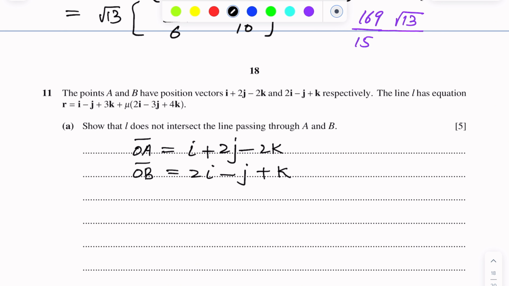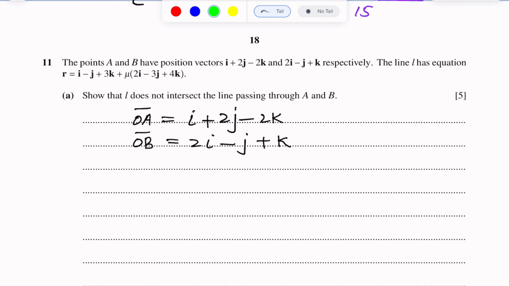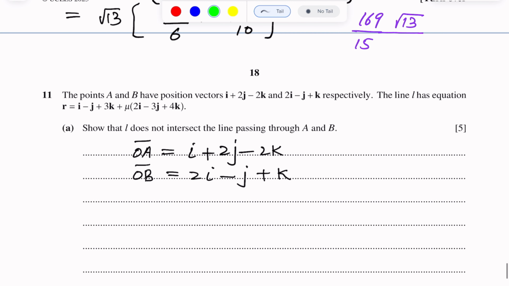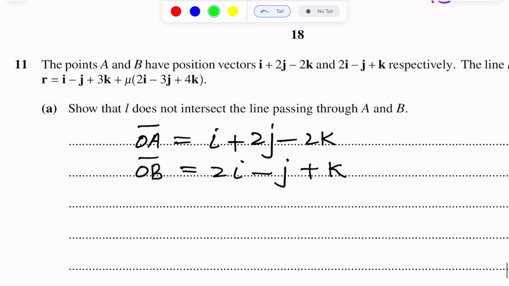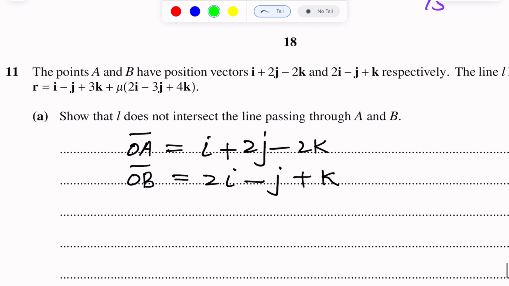OA and OB show the position vectors of A and B. And the equation of the line L is given, but we have to write here the equation of the line passing through A and B.